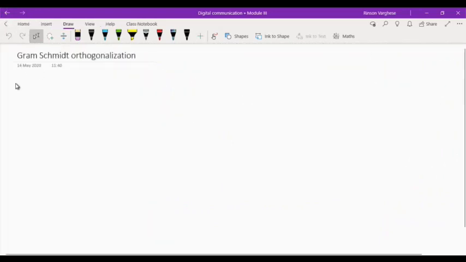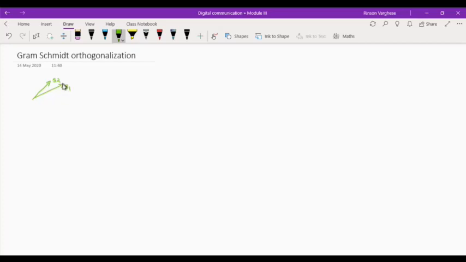Before moving into the signal space, we can see it in vector space. Assume that you have two vectors like this. This is vector 1, s1, and this is vector 2, s2.